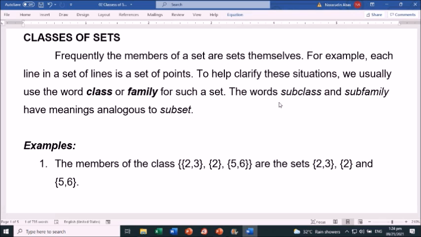To help clarify these situations, we usually use the word class or family for such a set. The words subclass and subfamily have meanings analogous to subset. In a regular set, we call them subsets; for a class, we call them subclass or subfamily.